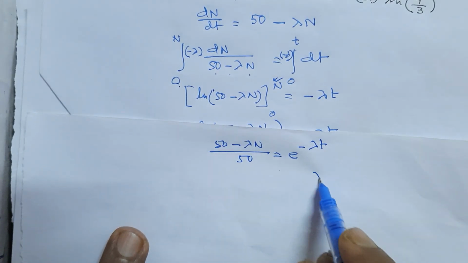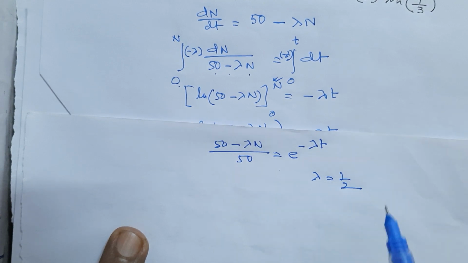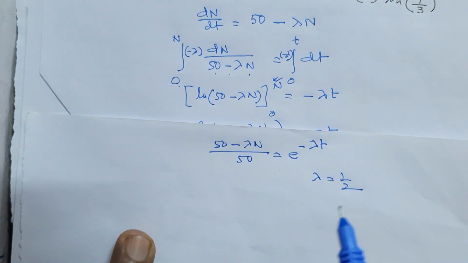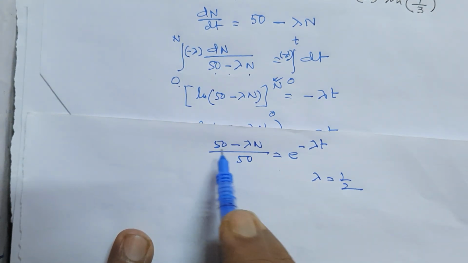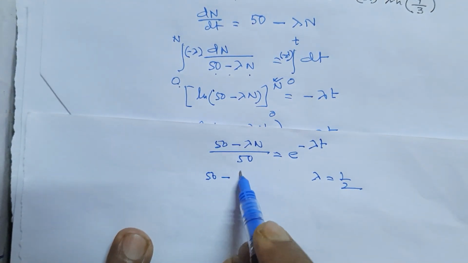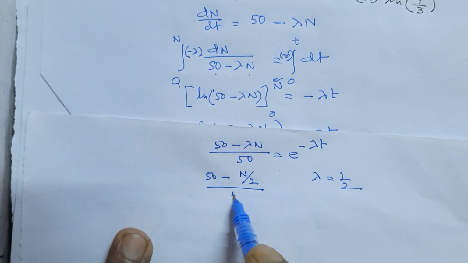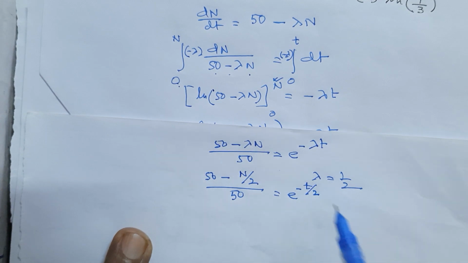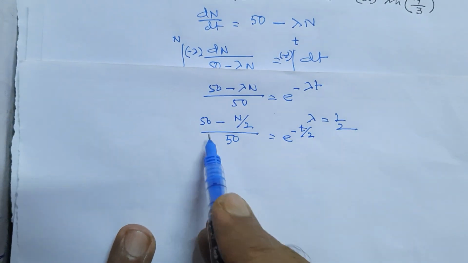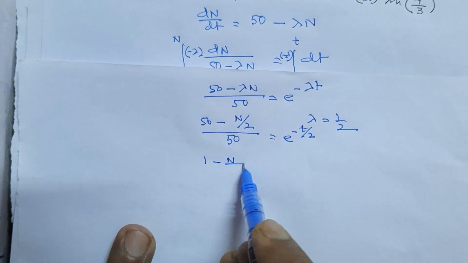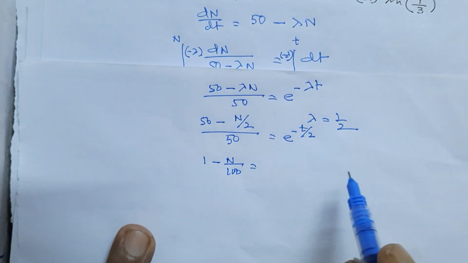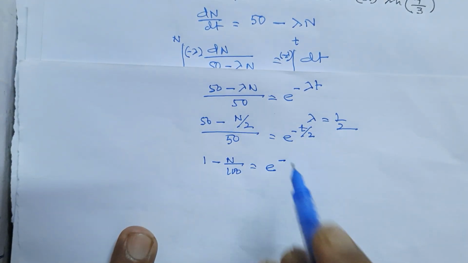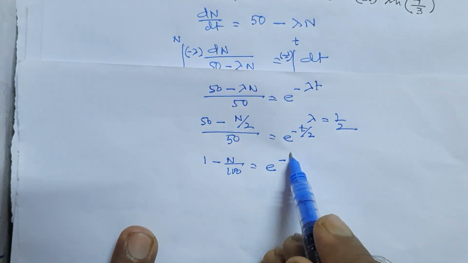Now lambda equals half. Putting it there, 50 minus n by 2 divided by 50 equals e to the power minus t by 2. So 1 minus n by 100 equals e to the power minus t by 2.